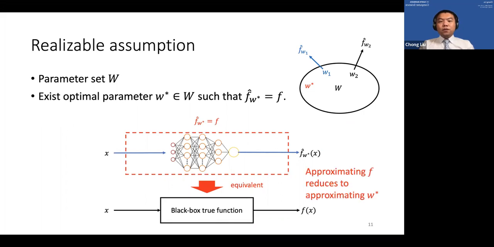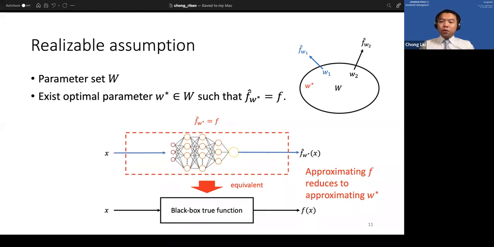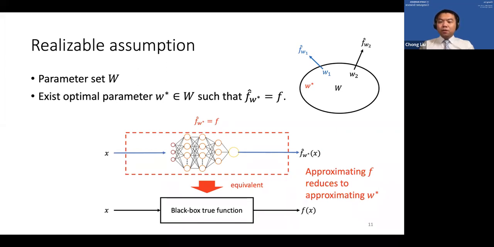By using this assumption, the problem of approximating the true black box function reduces to approximating the best parameter W star. So this is the introduction of the realizable assumption and how the problem is reduced to parameter estimation.